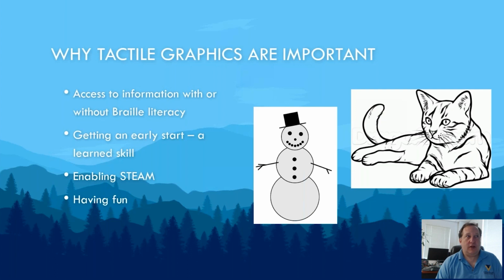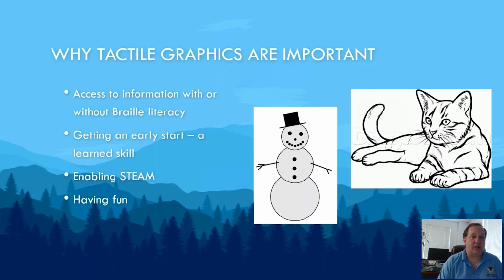If you're here, it's probably because you think tactile graphics are important too, or at least think that they might be. Here are pictures of the APH snowman and the Google line art cat, but really I'm just reminding you that, like braille literacy, tactile graphics is a learned skill, and the earlier that someone starts, the better chance they have.